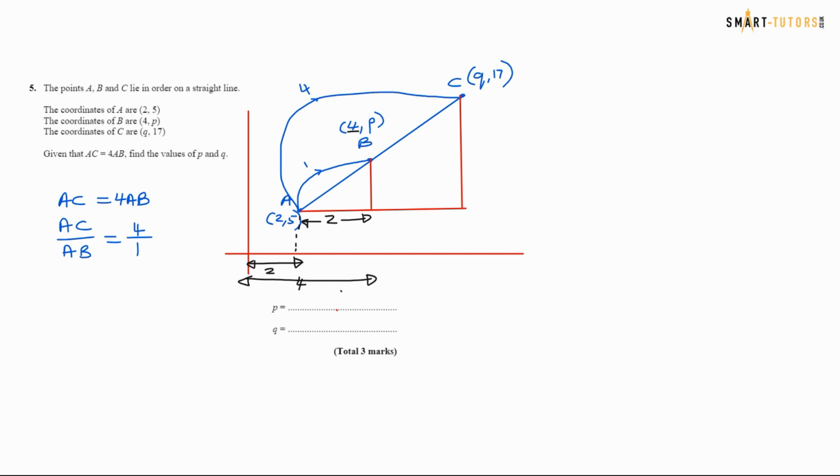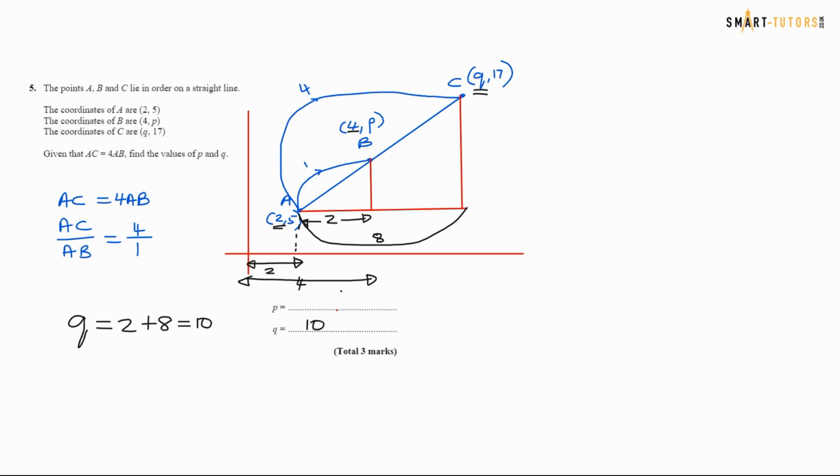So the ratio is 1:4, means this one is 2, this has to be 8. So 2 times 4 is 8. So if this distance is 8, the coordinate of the C, the Q, is whatever the coordinate of A is, 2, plus 8, which is 10. So the Q is 10.